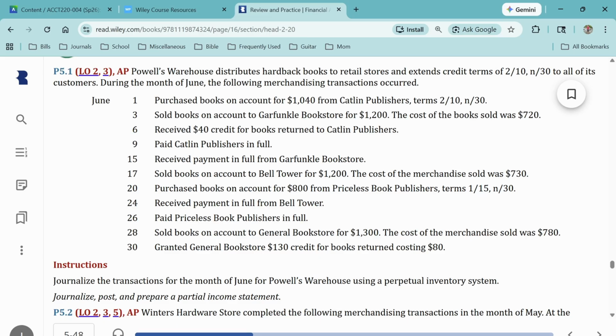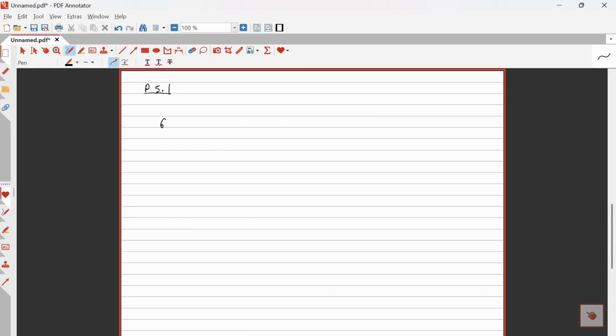During the month of June, these inventory transactions occurred. And what we need to do for each of these is make the journal entry. We use a perpetual inventory system, it says. So let's do that. The first transaction was on June 1st.